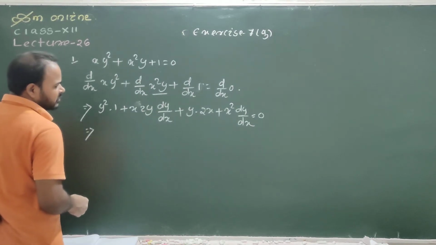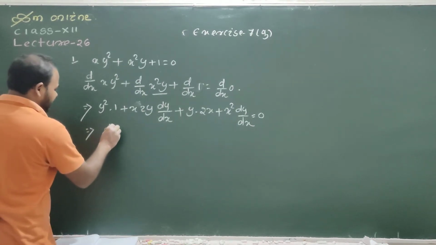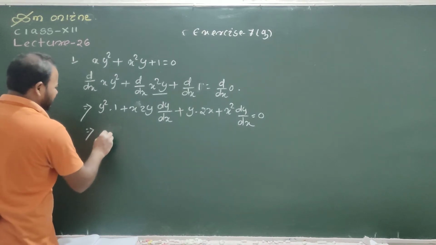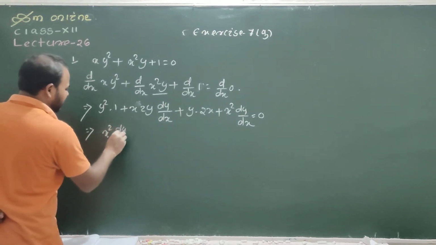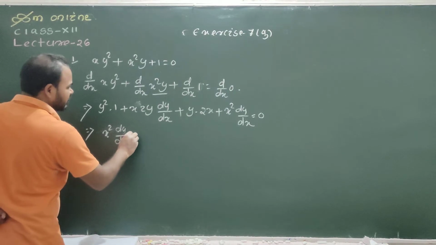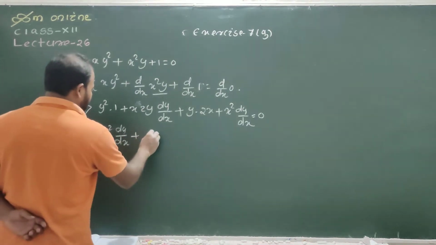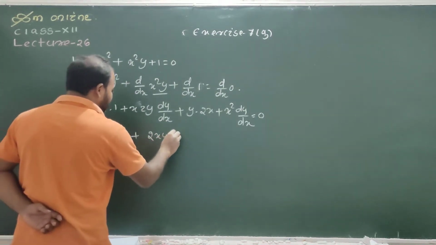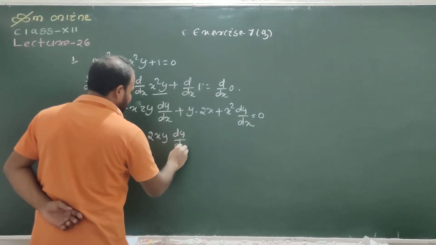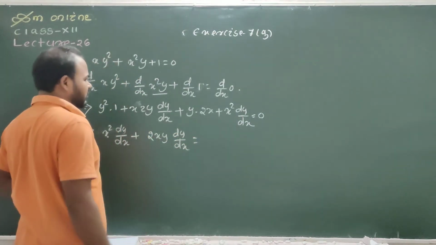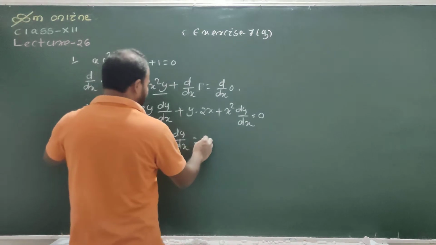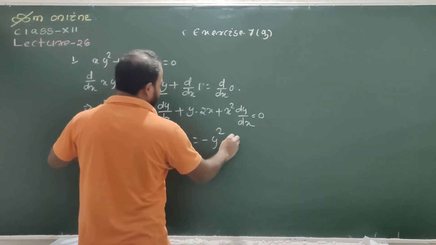It implies that, taking the terms containing dy by dx to the left hand side, this is x square into dy by dx plus 2xy dy by dx, and the remaining other terms go to the right: minus y square and minus 2xy.